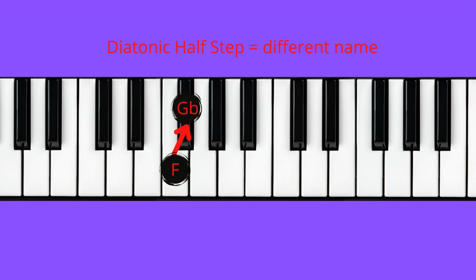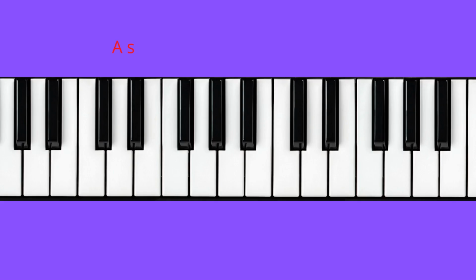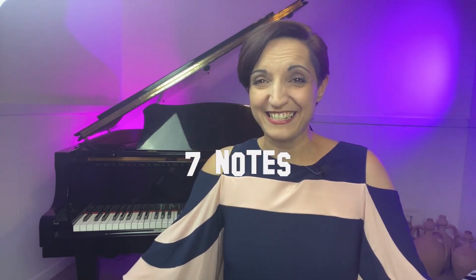In Western music theory and in tonal music, we use a pattern of half and whole steps to build what we call scales. What is a scale? A scale is a stepwise arrangement of notes or pitches contained within an octave. Major and minor scales contain 7 notes or scale degrees.